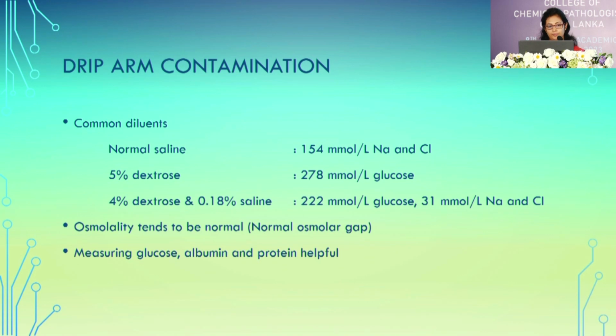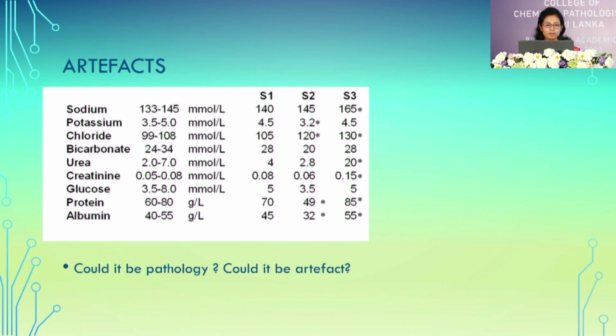So when there is drip arm contamination, osmolality is usually normal, and there is a normal osmolar gap as well. So to identify this drip arm contamination, you can actually measure glucose, albumin and protein. So when you look at a patient result, you should be able to identify whether it's an artifact or whether it's pathological.